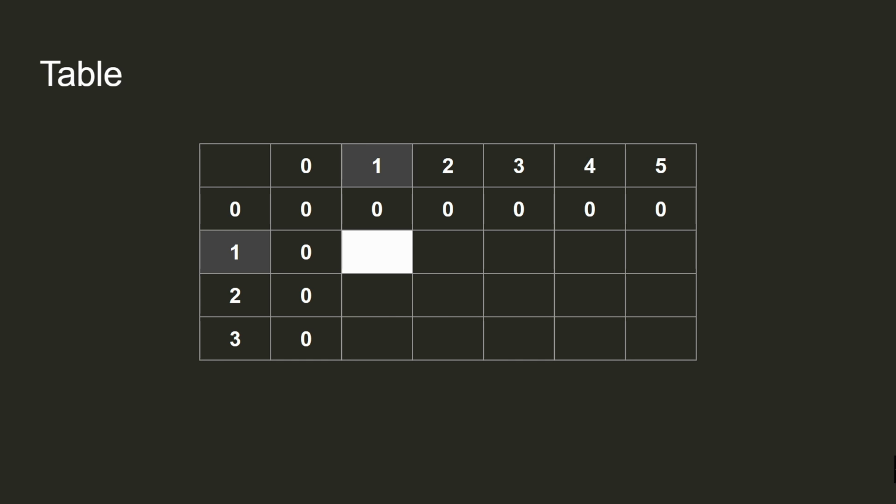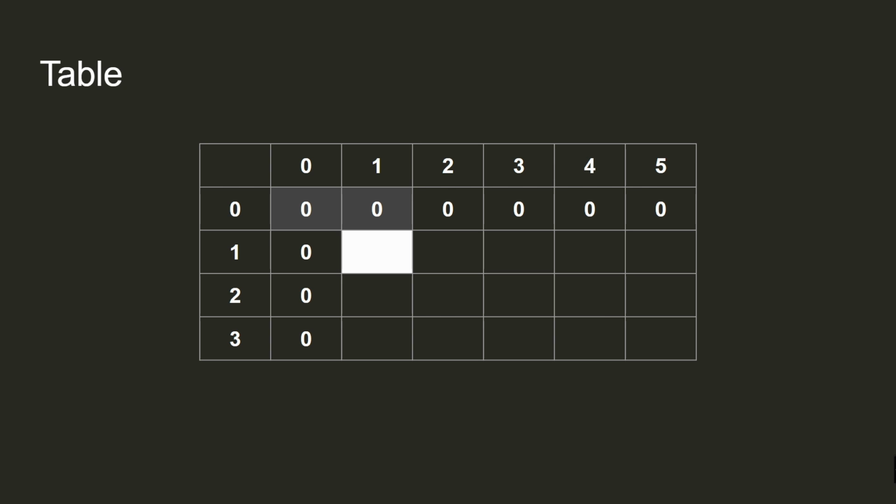The next thing is to use previous calculations to solve this particular sub-problem. We need to decide whether we should take this item or not. To make this decision we need to take the previous item, which is row minus 1. And the second thing is the previous result with a weight that leaves enough room for the current item: row minus 1 and the column minus the weight of the current item, which is also 1.